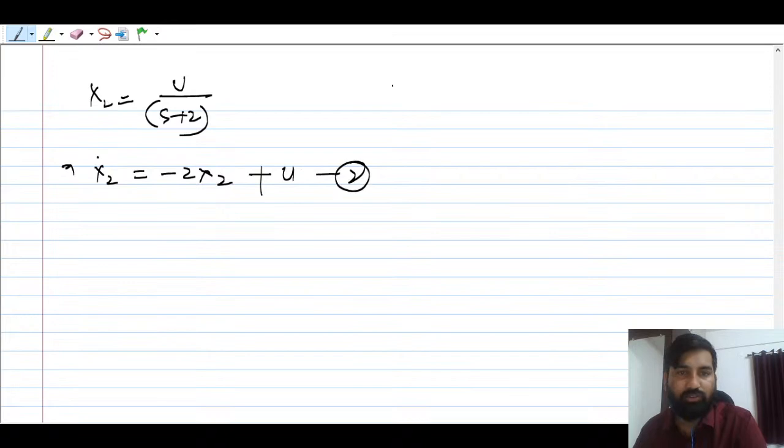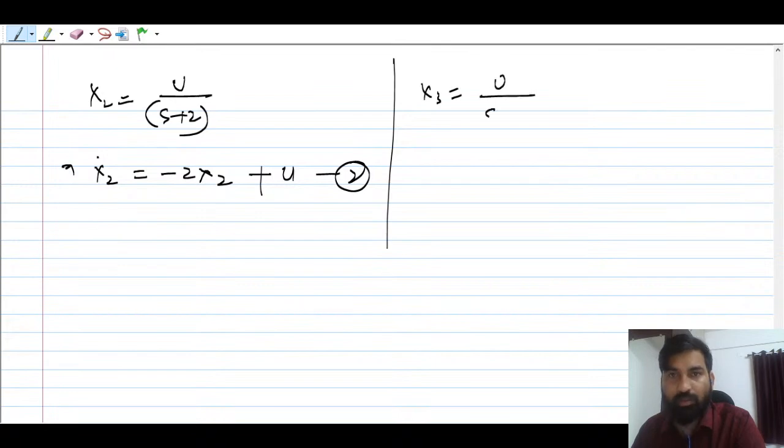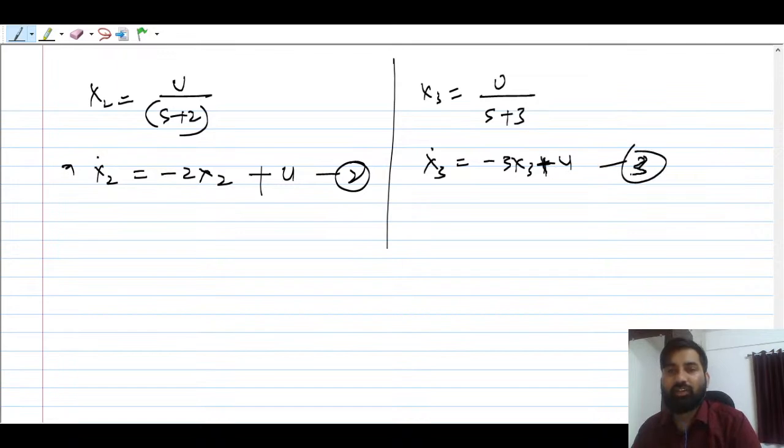So this is the second equation. And the third equation which you will get is x3 is going to be u by (s plus 3). So x3 dot is going to be minus 3 x3 plus u. Now this is the third equation.